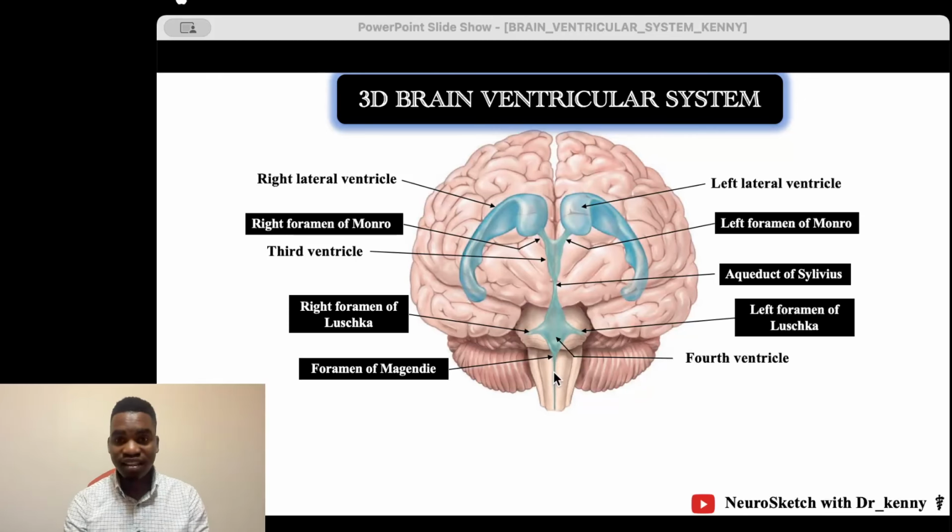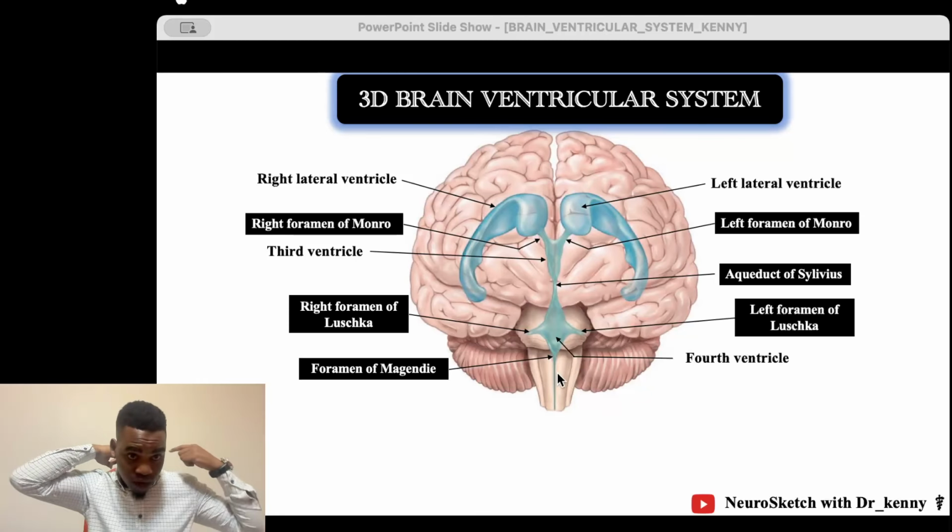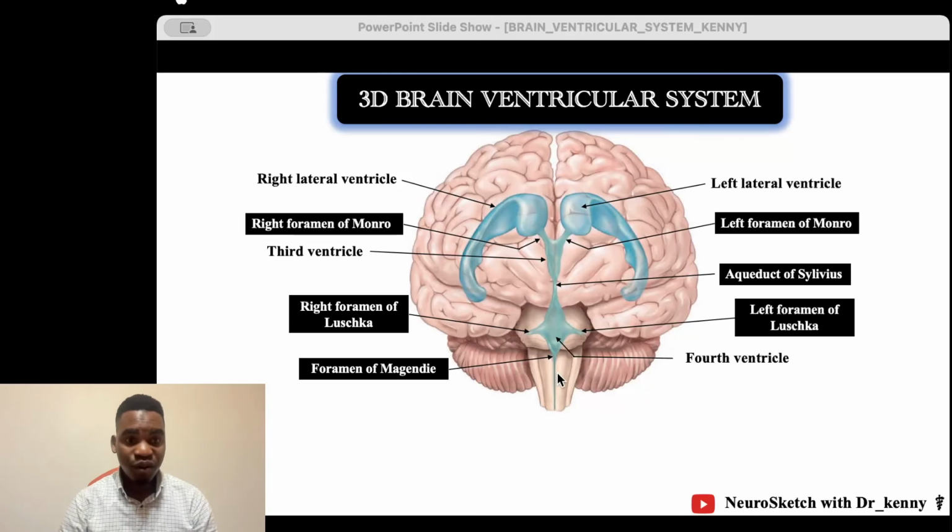Remember the obex we discussed in the surface anatomy of the brainstem. The obex helps this fluid to go to the central canal. And on the posterior we have the foramen of Magendie, which helps this cerebrospinal fluid to leave the ventricular system to go to the subarachnoid space.